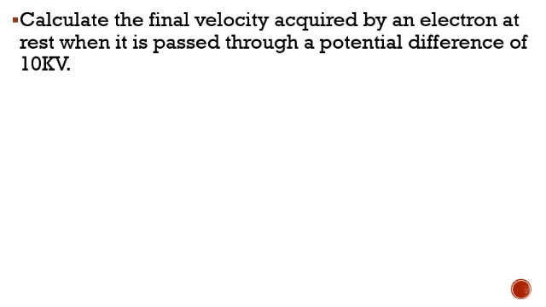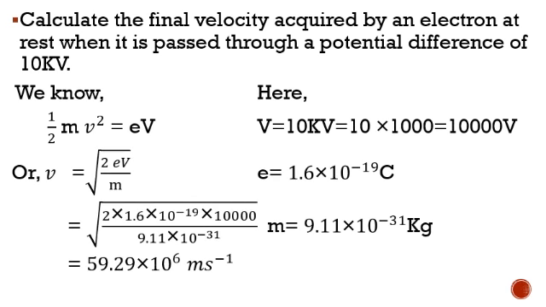Here another math came and it says: calculate the final velocity acquired by an electron at rest when it is passed through a potential difference of 10 kilovolt. So here the potential difference is given, we have to find the velocity. Now we will start with the data.